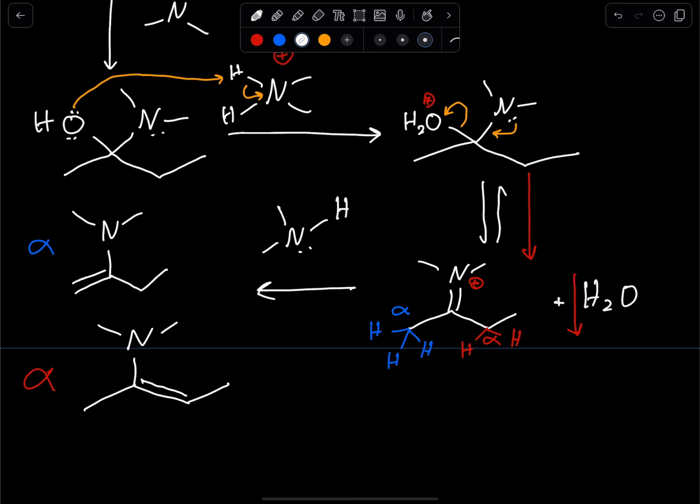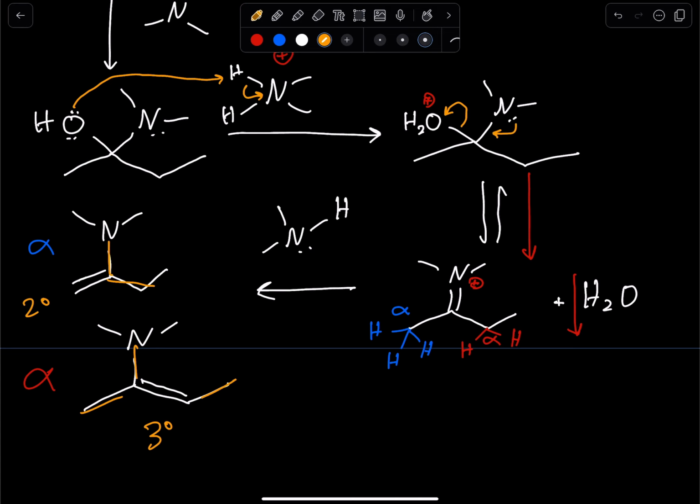Now, which one is better? When you look at the product, you would think that actually this would be the major product, because in terms of alkenes, it's tetrasubstituted. But this one is only disubstituted. So you'd think that the tetrasubstituted one would be more stable. And it is more stable.